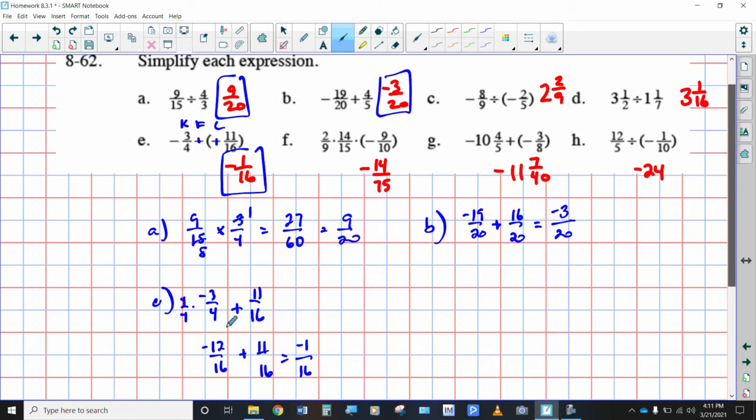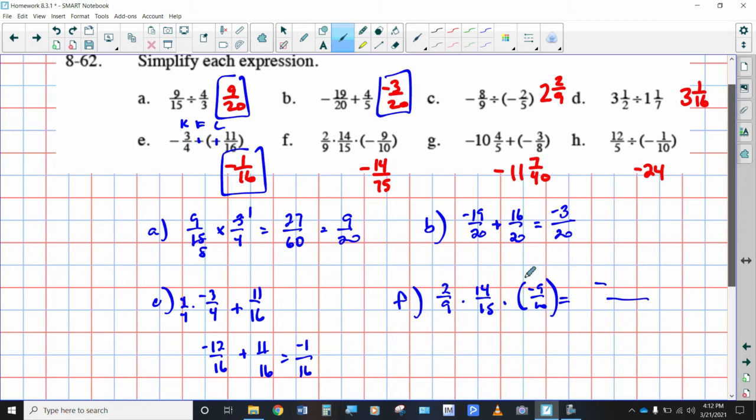And then the last problem we'll work through is this one where you've got some repeated multiplication happening there. So if I started off with 2/9 times 14/15 times -9/10, I know my answer is going to be a negative because I've got a positive times a positive times a negative. You've got an odd number of negatives, which means it's going to revert to a negative in the end.